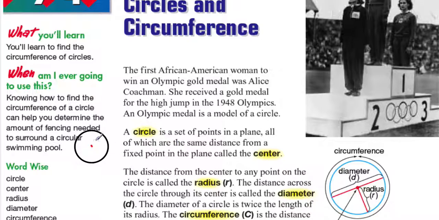Let's make our own circle first before we go to our illustration. If that is my center, all of the points that lie on this line will have the same distance from the center.